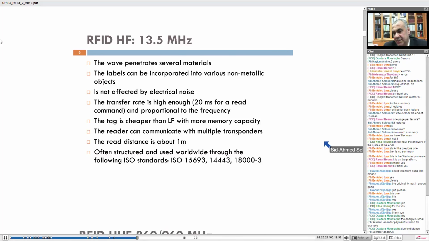So the high frequency is not absorbed by water, by liquids, which is an advantage. And as you said, Hassan, it is used for payment, because when you use this for payment, you use a smart card or something like that.